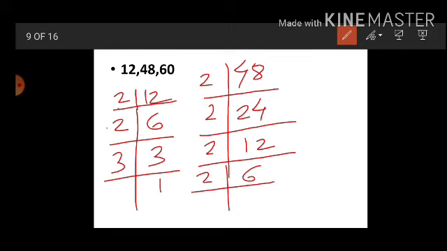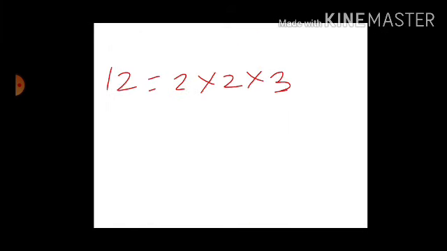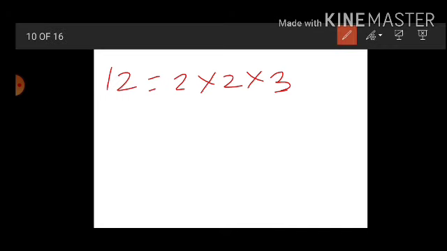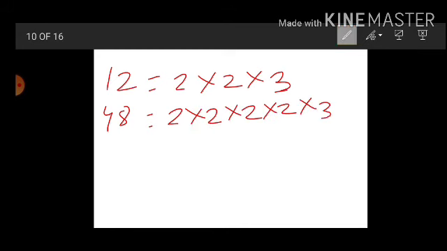Again 6 is divisible by 2. 2 3s are 6 and 3 is a prime number. 3 1s are 3. What are the prime factors of 48? 2, 2 2s are 4, 4 2s are 8, 8 2s are 16, 16 3s are 48. Then first we write the prime factors of 48: 2, 2 2s are 4, 4 2s are 8, 8 2s are 16, 16 3s are 48.